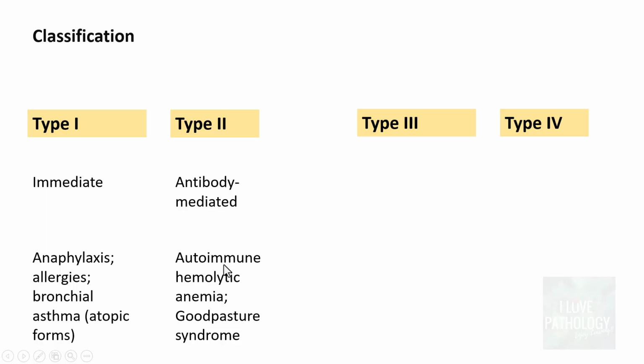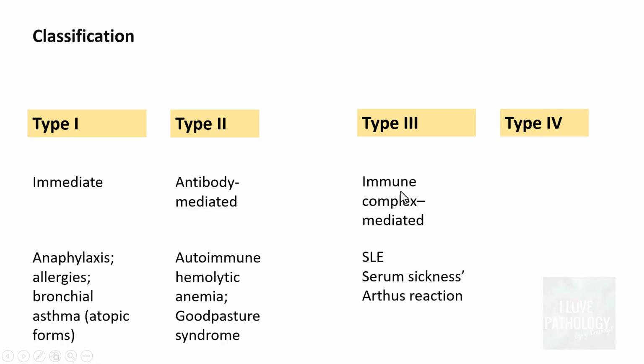The examples include autoimmune hemolytic anemia, Goodpasture syndrome, and so on. Type 3 is immune complex mediated. Remember, type 2 is antibody mediated, whereas type 3 is immune complex mediated. The common examples are systemic lupus erythematosus, serum sickness, and Arthus reaction.